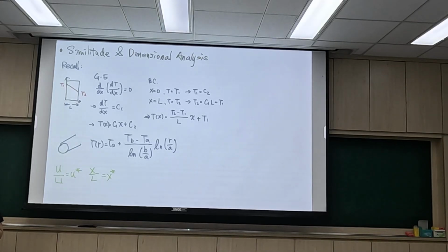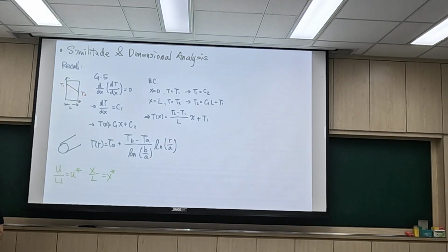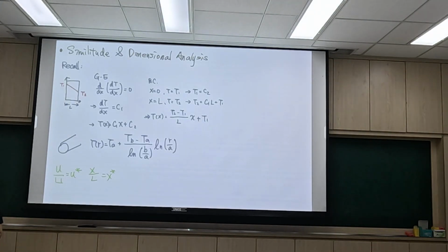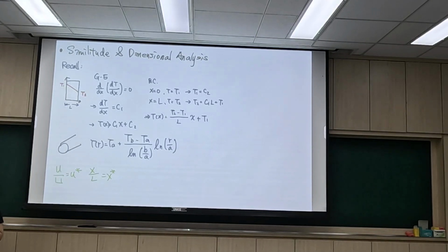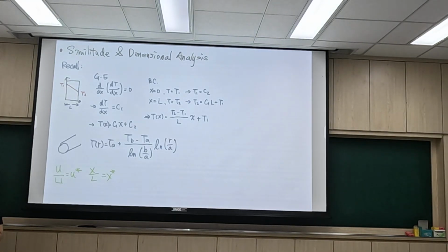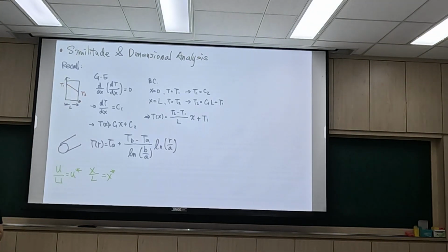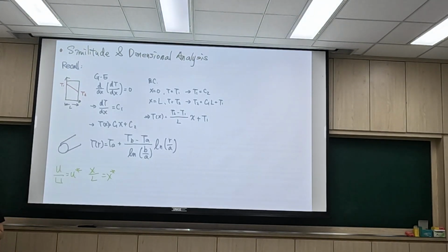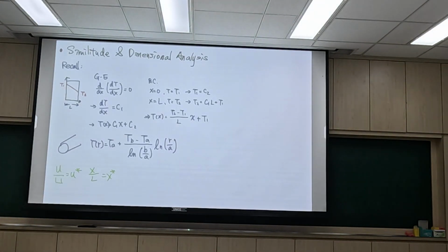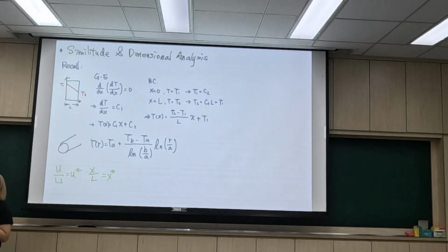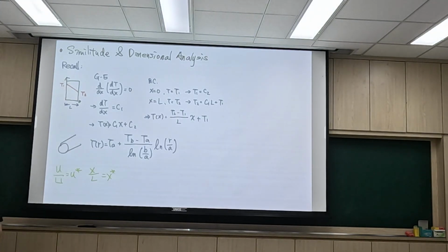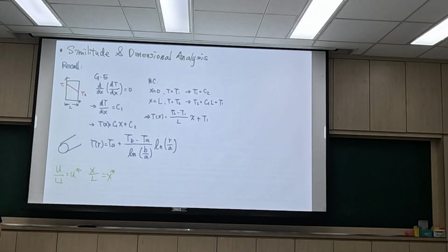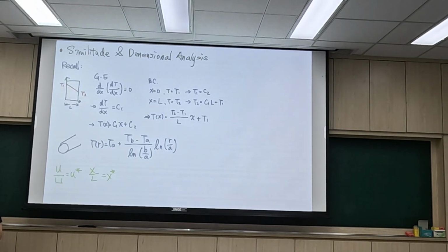That's quite similar in fluid dynamics because those problems might be complicated. Using dimensional analysis allows you to compare different phenomena at different scales and sizes. In heat transfer, it's also very important to do similarity comparison and dimensional analysis.